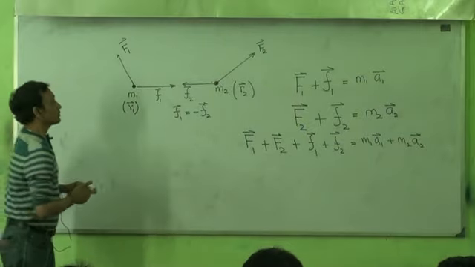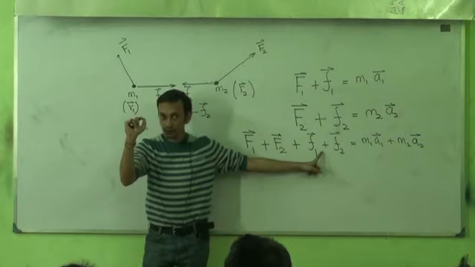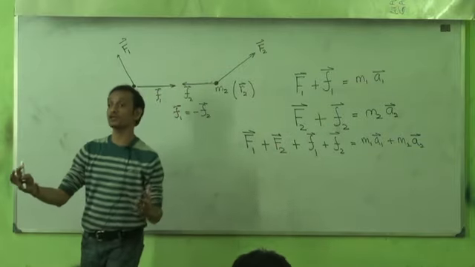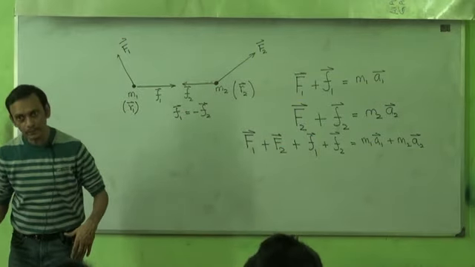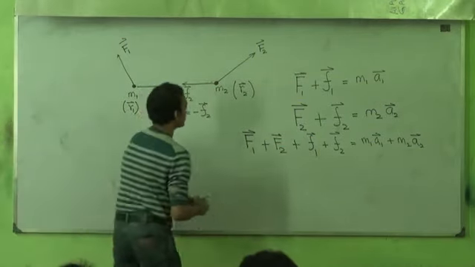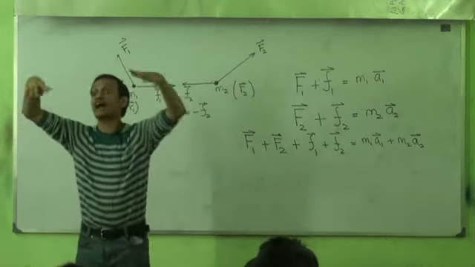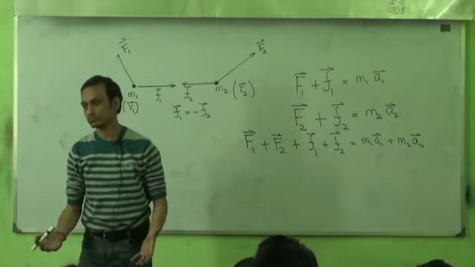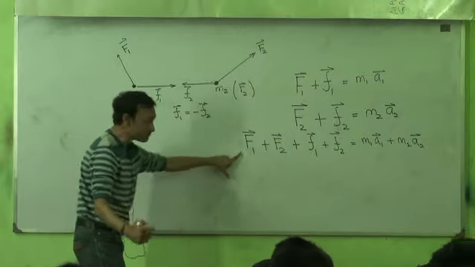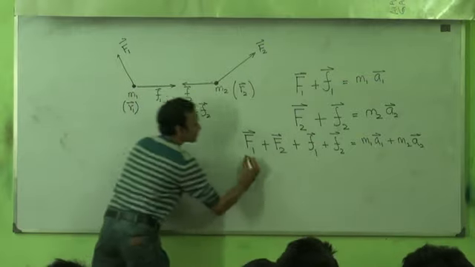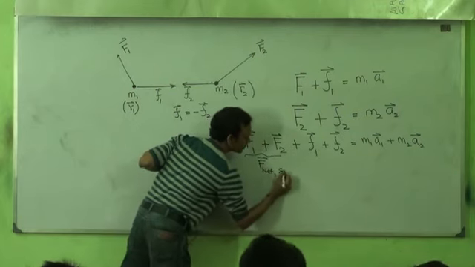But small f1 plus small f2 is 0, right? For the system, the internal forces constitute action-reaction forces, and they cancel off in pair. Capital F1 plus capital F2 is the net external force acting on the combo, F net external.